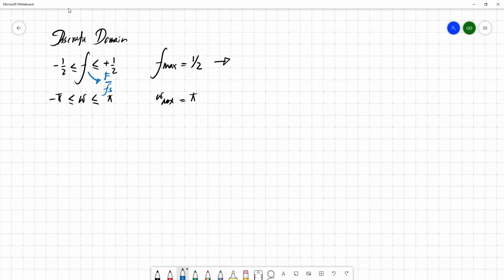If you substitute it here, we can simply claim that F max over Fs equals half. Then Fs equals 2 times F max.